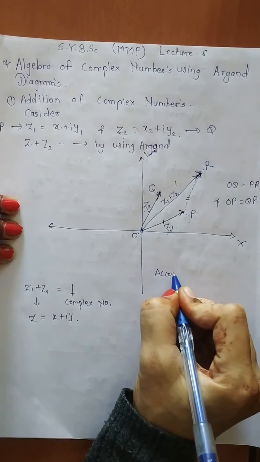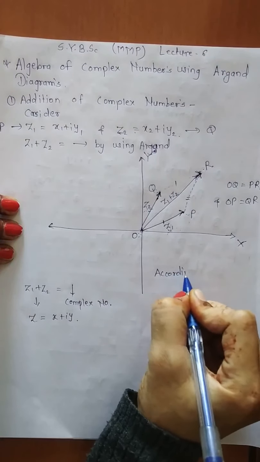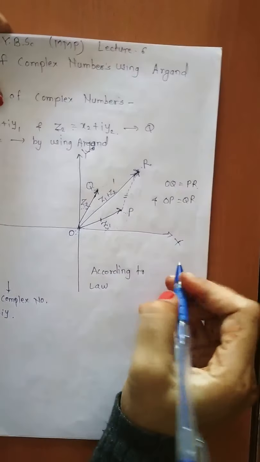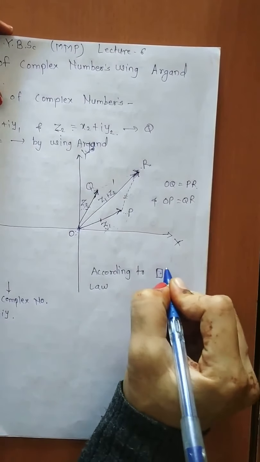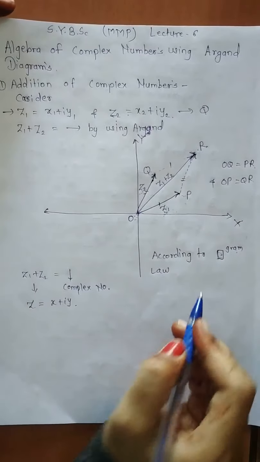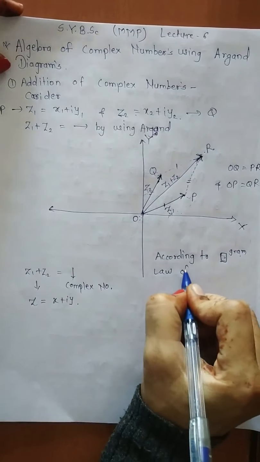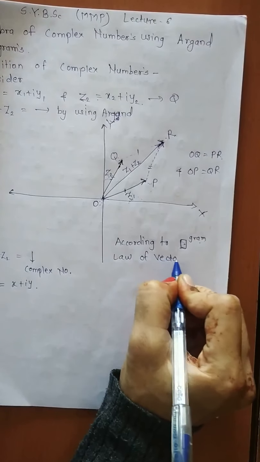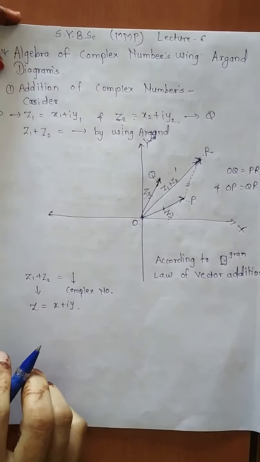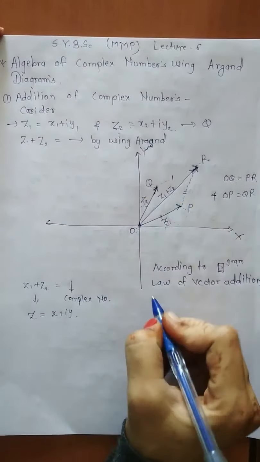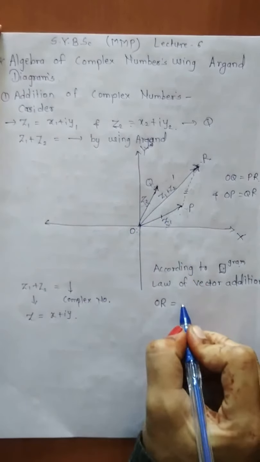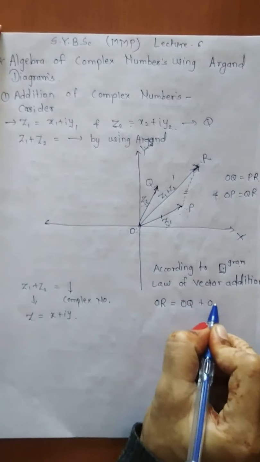So according to the parallelogram law of vector addition, this diagonal will represent the addition of these two sides, that is OQ plus OP.